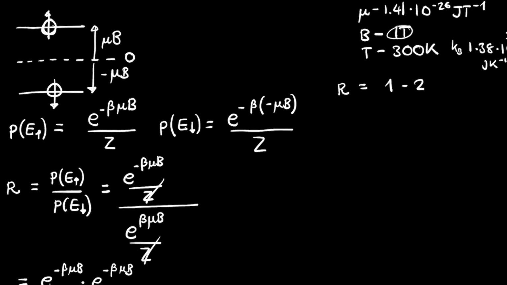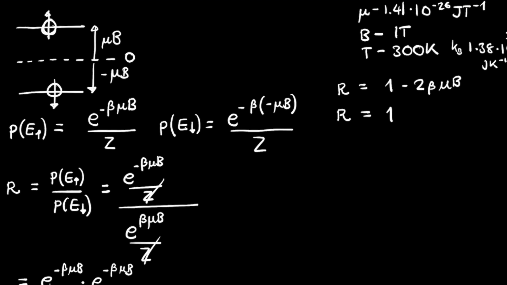This is just 1, so we don't have to worry about it. So it actually turns out that this term right here, this 2 beta mu b, is very, very small for typical conditions. And so therefore you find that the ratio is just simply 1. It just basically cancels down to 1.